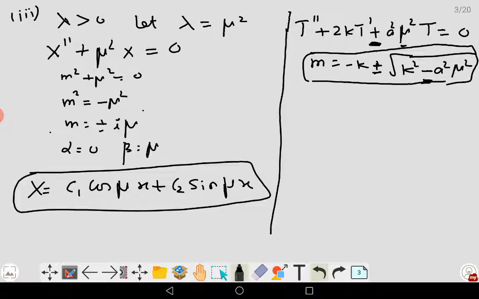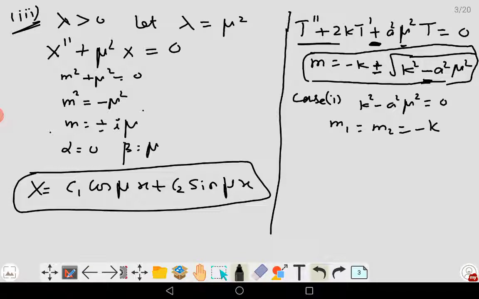So again under this case 3, for finding the value of t, there are 3 cases. Now case 1, when the term under the square root is 0, k square minus alpha square mu square is 0. What is your answer? Then m1 and m2 both will be the same, negative k. There are 2 solution constants for a second order differential.